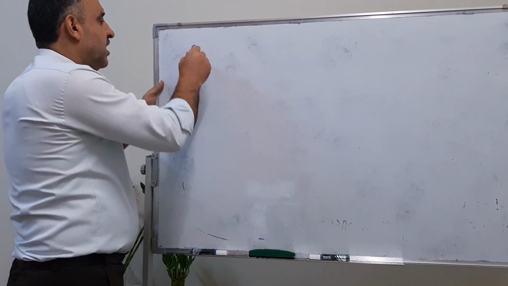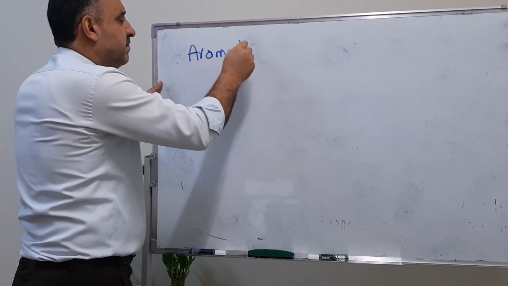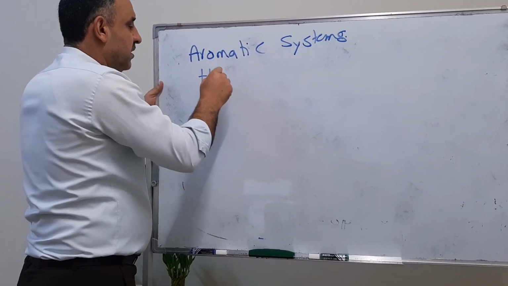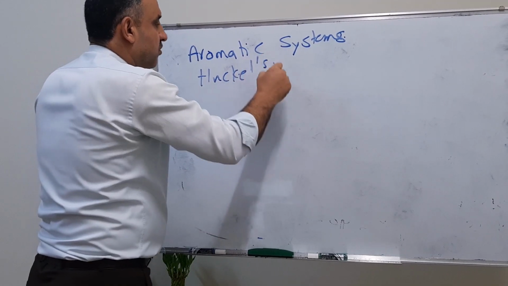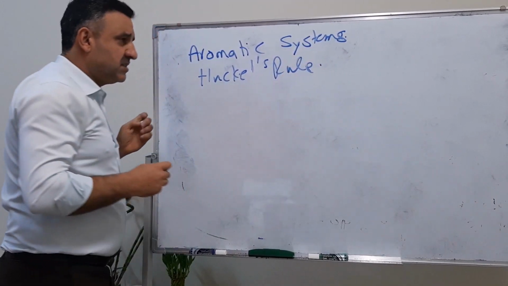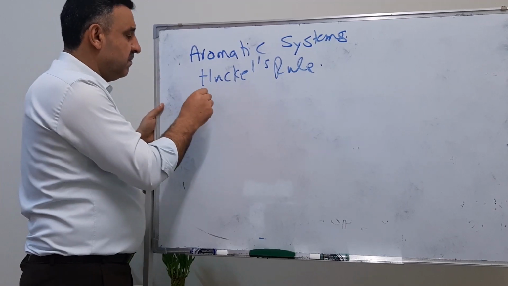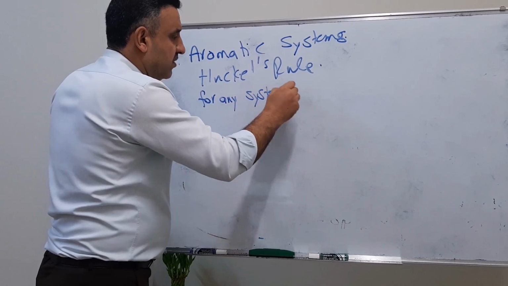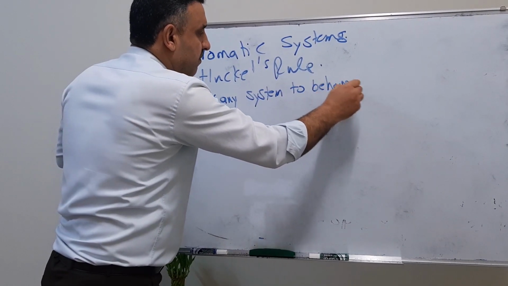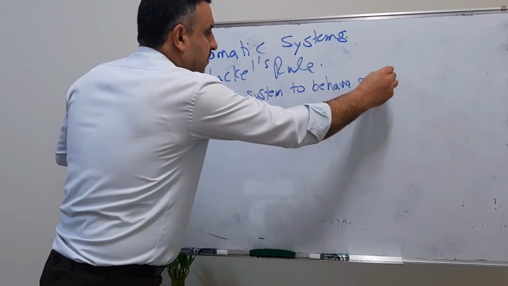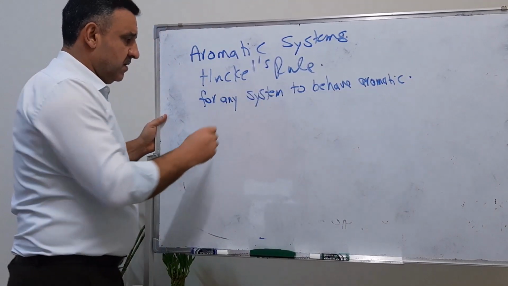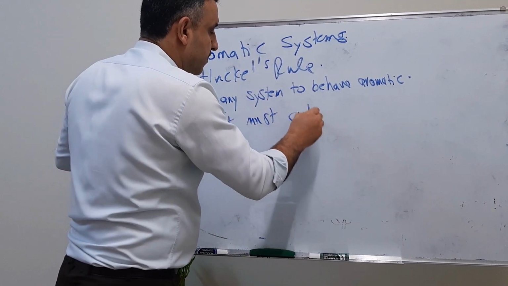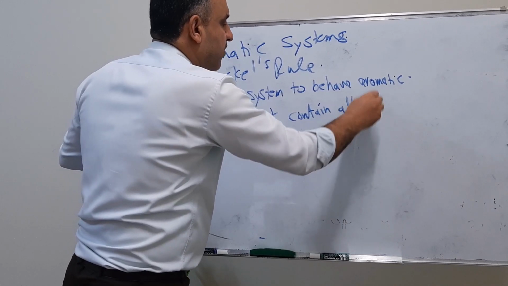This is called aromatic system and Hückel's rule. Hückel's rule is stated like this: for any system to behave aromatic, it must contain all of the following.